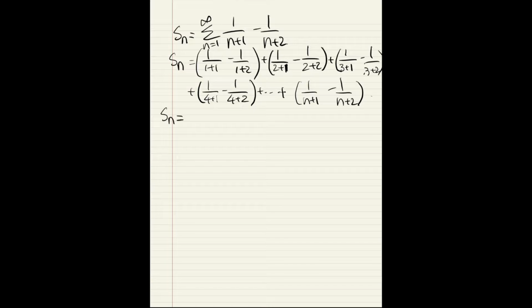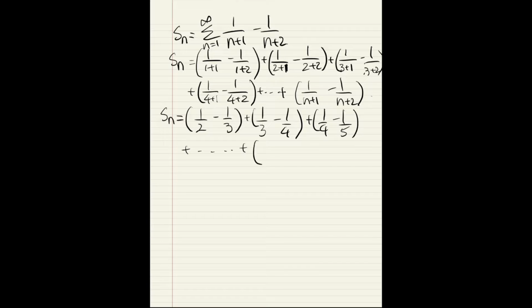So S of n equals 1 over 2 minus 1 over 3 plus 1 over 3 minus 1 over 4 plus 1 over 4 minus 1 over 5 plus so on, plus 1 over (n plus 1) minus 1 over (n plus 2). This one will just keep cancelling, cancelled by the previous terms, so that we have S of n equals 1/2 minus 1 over (n plus 2).